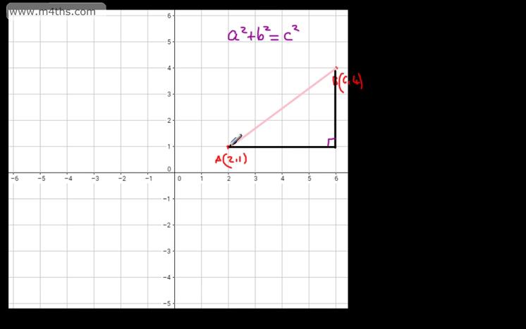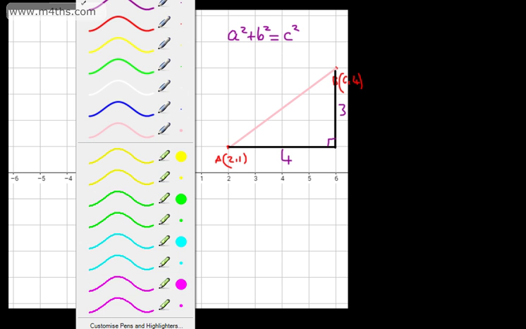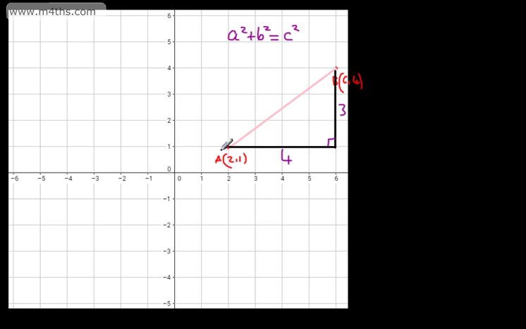So let's go ahead and count these squares. We've got 4 going across, and we've got 3 going up. Using Pythagoras Theorem, I can simply say now that this length squared, which I'm going to call AB squared, is going to be equal to A squared, which is going to be 4 squared, plus b squared, which is going to be 3 squared.